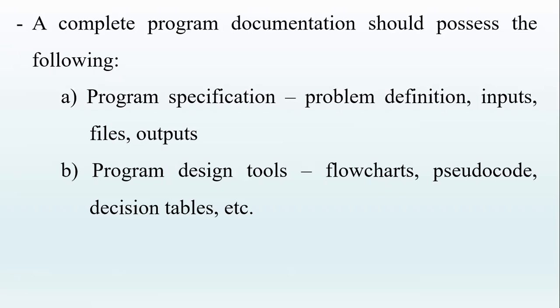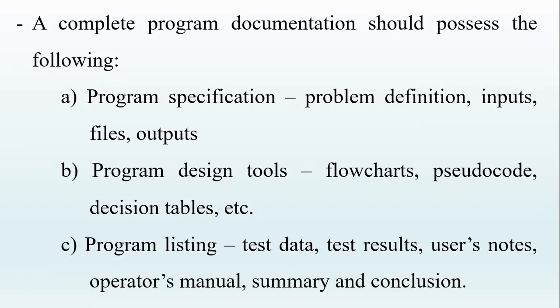Number two is program design tools, which include flowcharts, pseudocode, decision trees, amongst others. Number three is program listing, which includes the test data, test results, user notes, operators manual, summary, and conclusion.